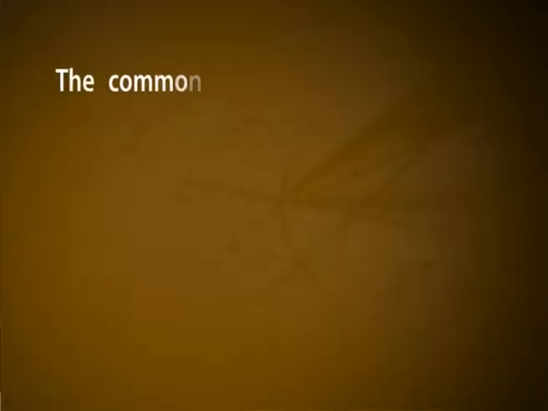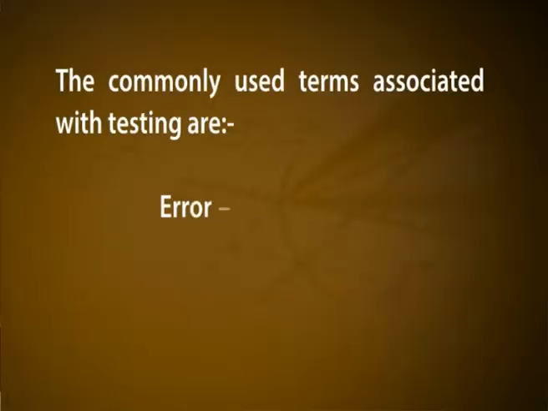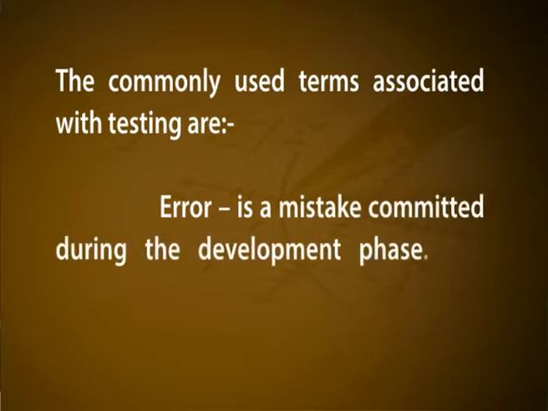Since the input data domain of most programs is very large, it is not possible to test the program for each value in the input domain. Thus, testing involves a set of test inputs or test cases and observing whether the behavior of the program is as expected. The commonly used terms associated with testing are error.